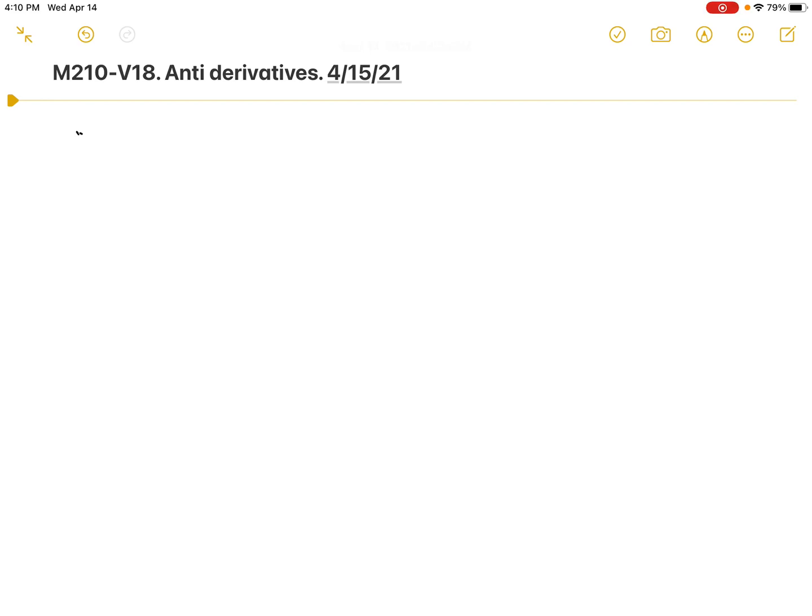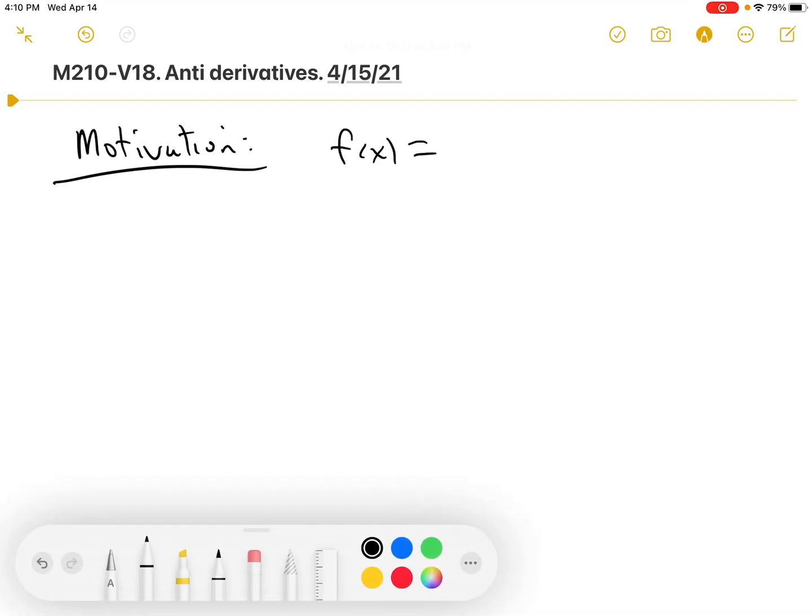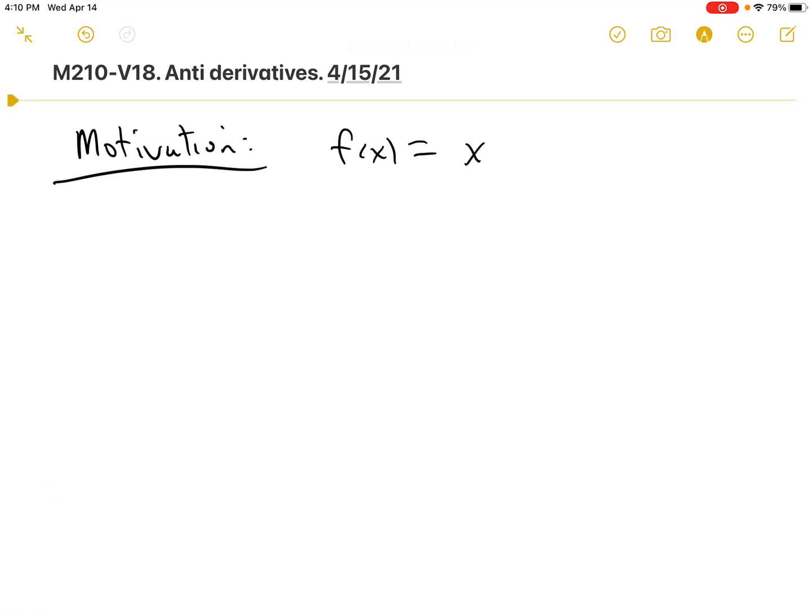And I'll begin with a question. So generally, here's my motivation. We can do a motivation or recollection. If I give you a function f of x, say something fun, let me get this right: f of x equals x squared minus 2x.